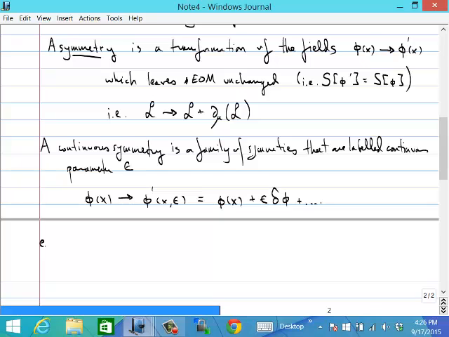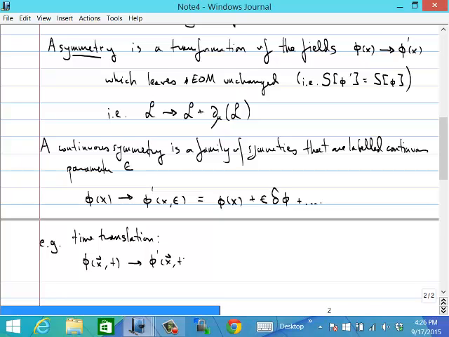An example of this, which is a good one to keep in mind for the purposes of today's class, is time translation. So if the equations of motion of your theory are invariant under time translation, as all of the equations of motion essentially that we'll be studying in this class are, then that means that you have a symmetry where you think of phi of x, t being translated.